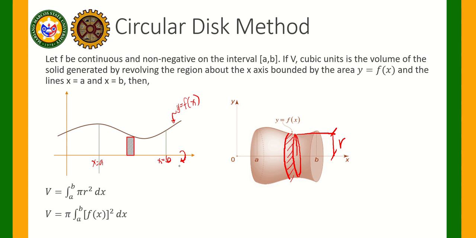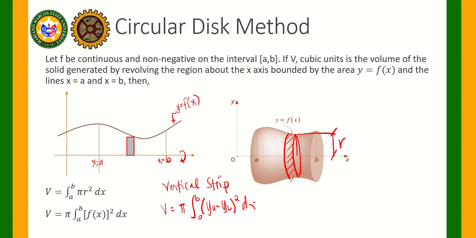So, when we choose a vertical strip, the formula will be V is equal to pi times the integral of (yu minus yl) quantity squared, yung f of x natin, which is our r, yung distance natin, limits from a to b.